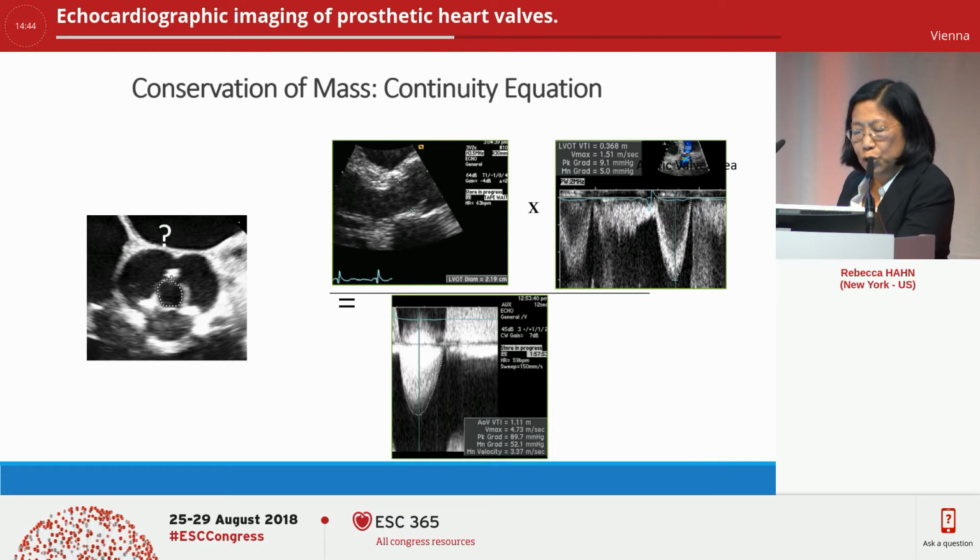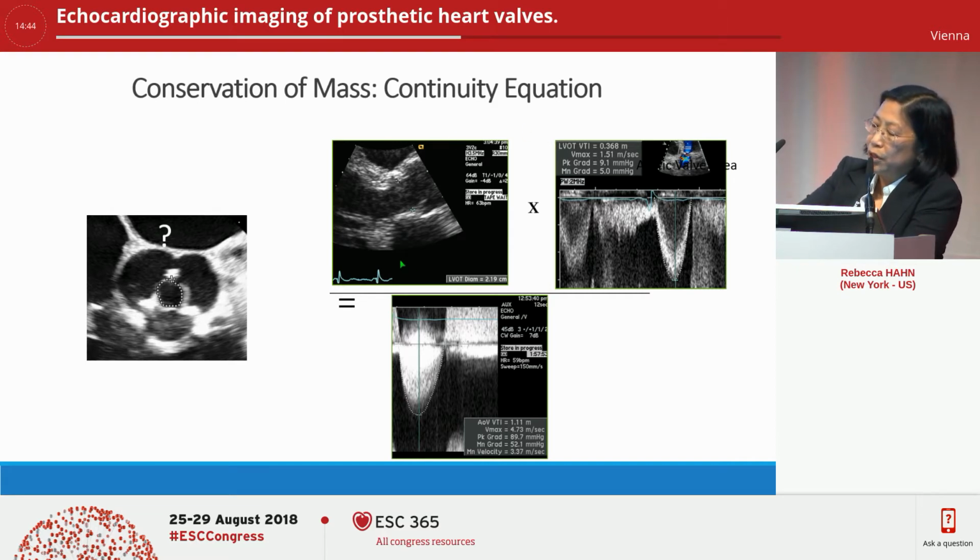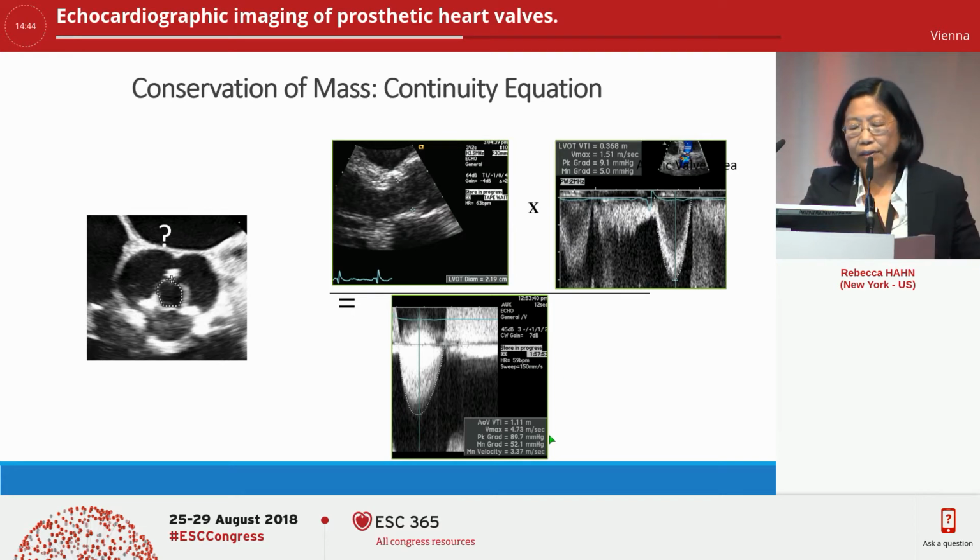This is an instance where we're using velocity time integral, so that what's on the numerator is stroke volume. Area times the VTI, which is the stroke distance. So it's area times distance, which is volume. And so what's on the top here is all stroke volume, and then divided by the VTI across the aortic valve gives you your unknown, which is your valve area.